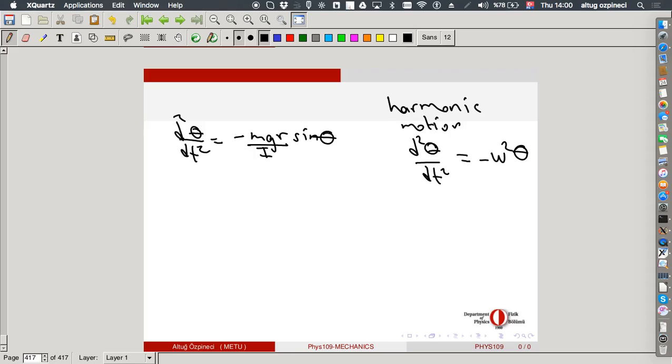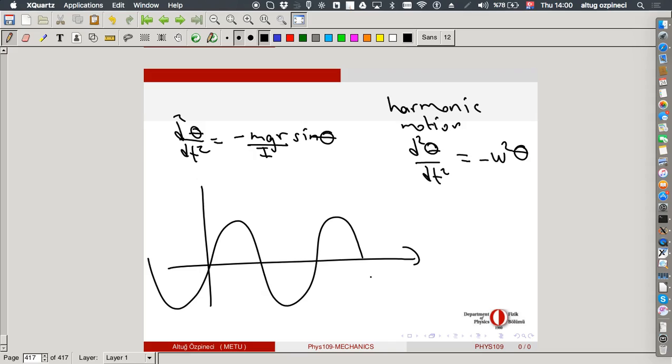But let's see, what does the sine function look like? This is how the sine function looks. Now, if you are very close to this point, it almost coincides with this line at this point. What is the slope of that line, which is tangent to this curve at this point?